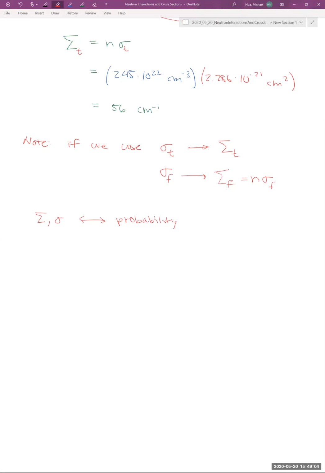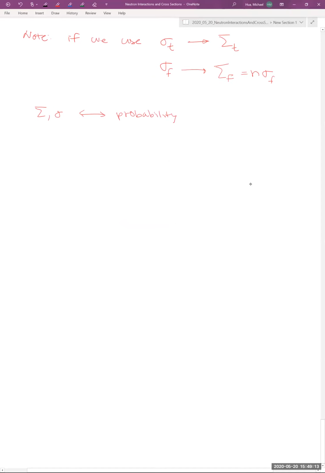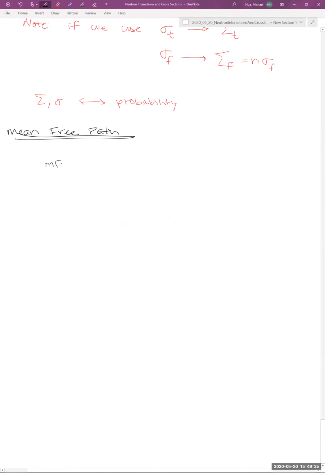How do we get into something where 56 per centimeter means something to us? And one way we can conceptualize it is with a quantity called mean free path. So mean free path, which I'll abbreviate as MFP.